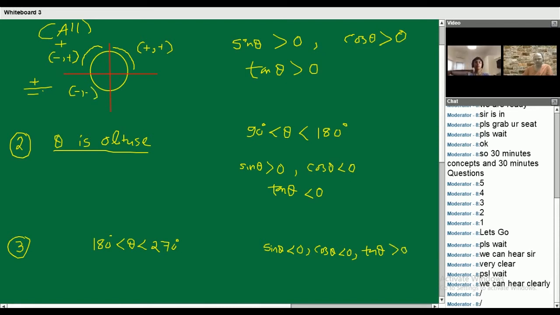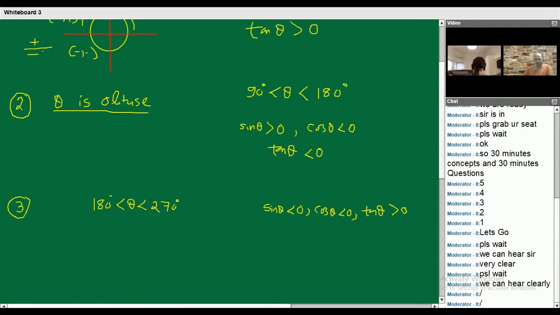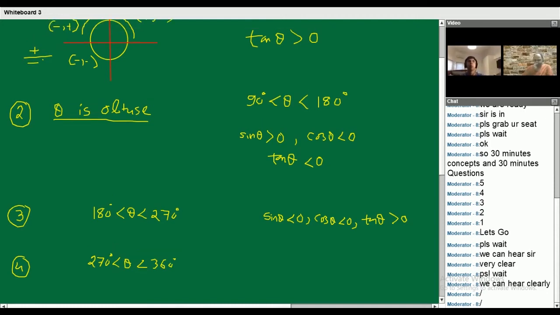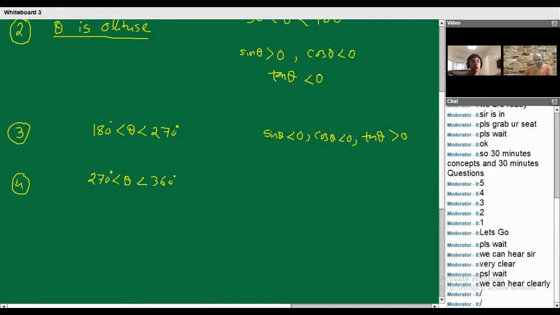Let's come to the fourth one, when theta is greater than 270 degrees but less than a complete angle. Cos will be positive and sine will be negative.